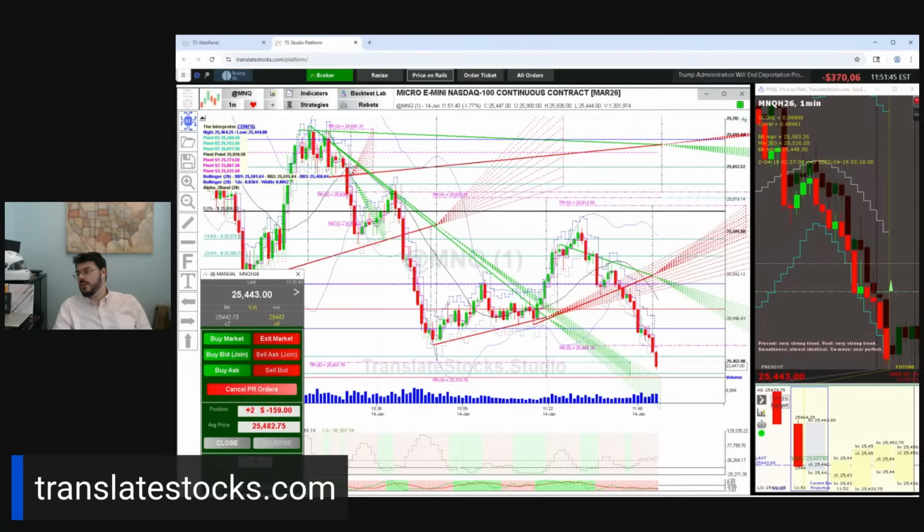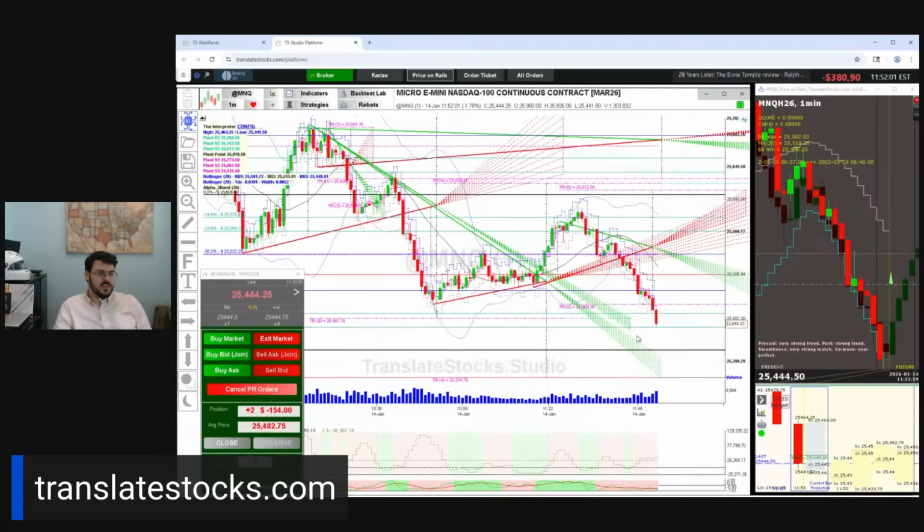Let's see what we do have here. We do have here a next strong support that we can use, but it's far away from the price right now.